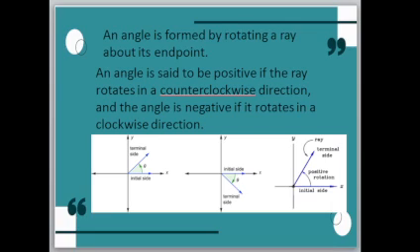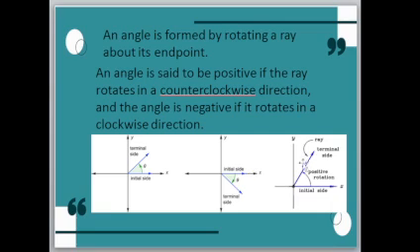So if this is an angle, here we have the angle drawn in the Cartesian plane, and the initial side is below, at the fourth quadrant, and the terminal side, where the other ray of the angle is, is at the first quadrant.